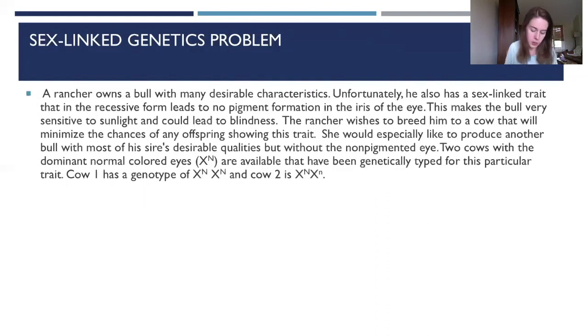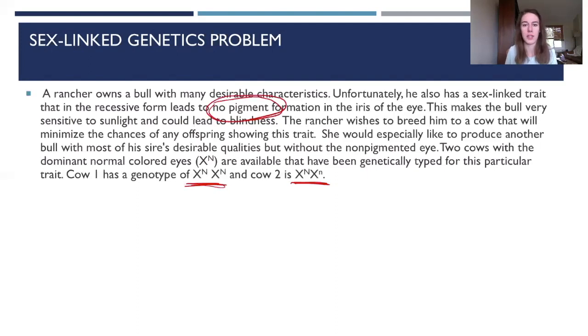And we know that this trait that the bull has that leads to no pigment in the iris is a sex-linked recessive trait. And he has two of his cows genotyped. One of them is a big N, big N, and one of them is a big N, little n. So what is this going to look like if we cross either of these cows with the bull?